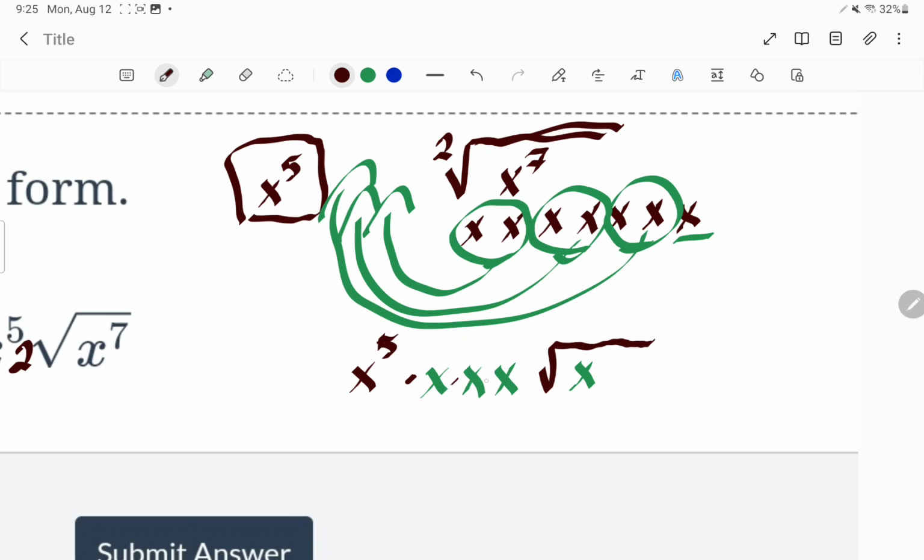I know we haven't covered this. We're going to cover exponents in a little bit, but we're going to start seeing exponents a lot in the math that we do. So we have x to the 5th on the outside already, you see this right here. And we have 3 more x's on the outside now. So what we're going to do is increase the exponent for every x.